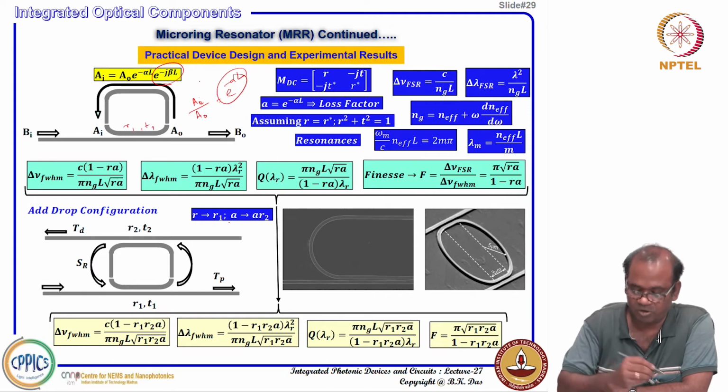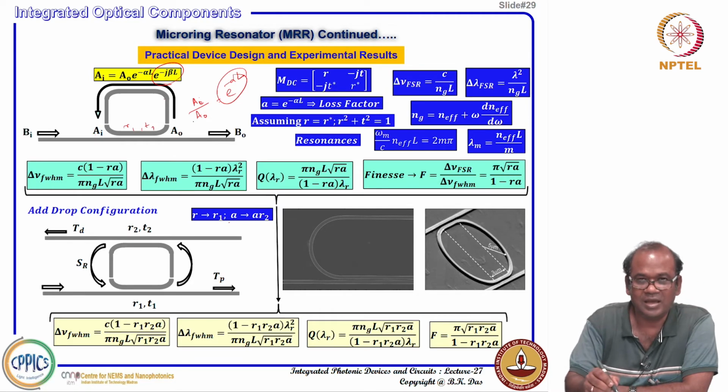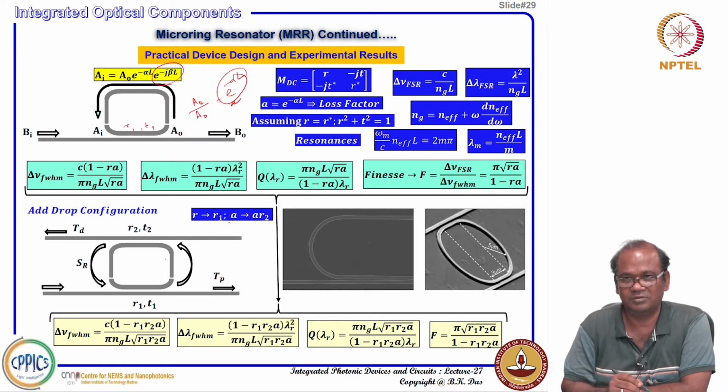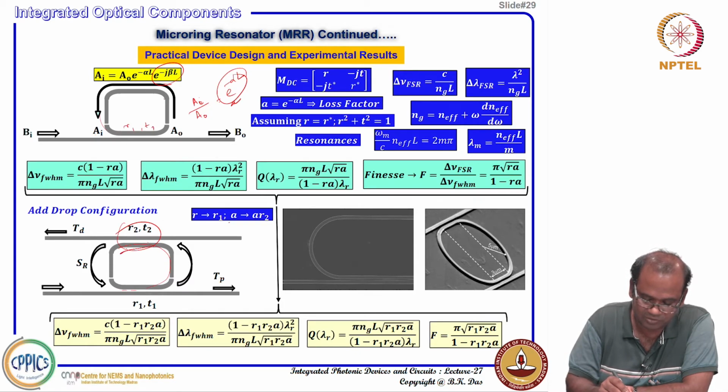That much is the round trip loss, right. So, the ratio AI to AO is the A factor I will be getting. Now, that means the transmission through this total ring. In this transmission path you have an additional coupler, where the transmission will give you R2.